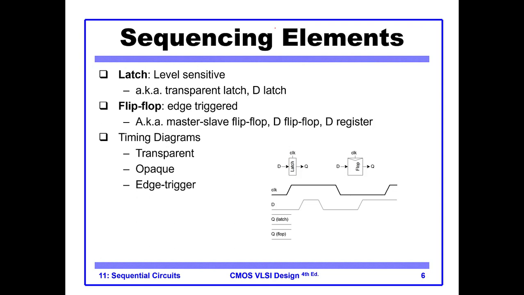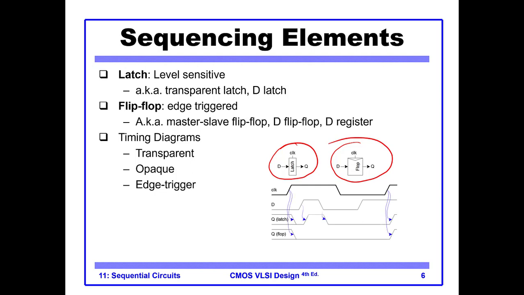This is basically the difference between a latch and a flip-flop. So on this side we have a latch, on this side we have a flip-flop. And what happens to the timing diagram is this one. If we consider this is our input D, the output of the latch is here, in the red box.